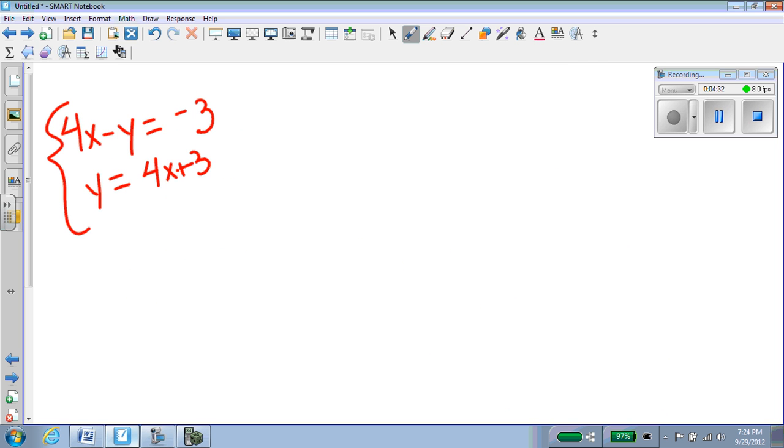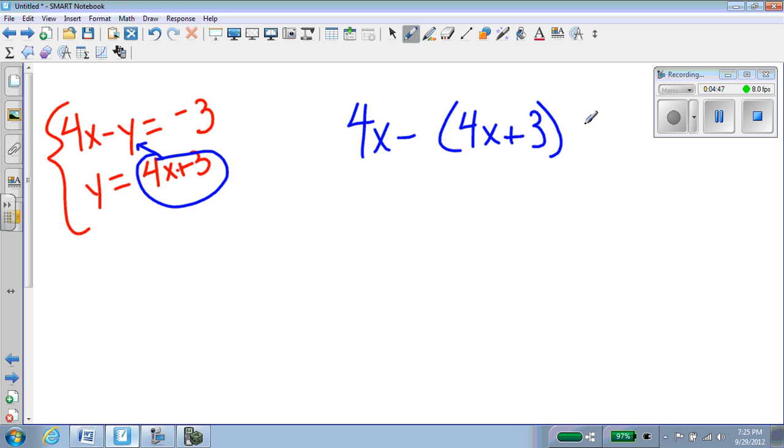Okay, this one already has y equals. So 4x plus 3 is going to go in for y. So I get 4x minus 4x plus 3 equals negative 3.